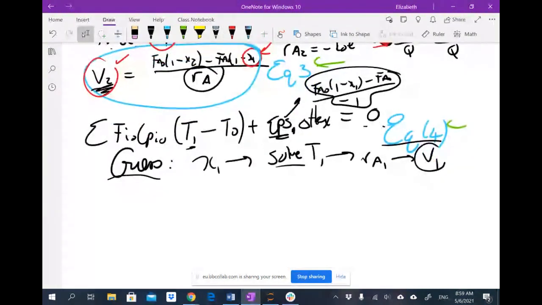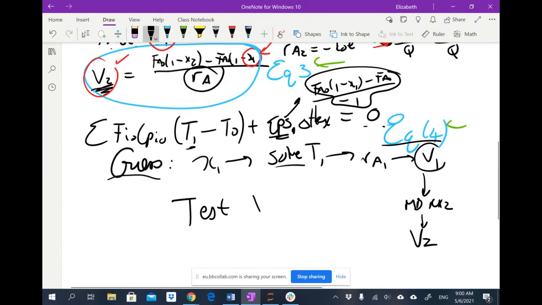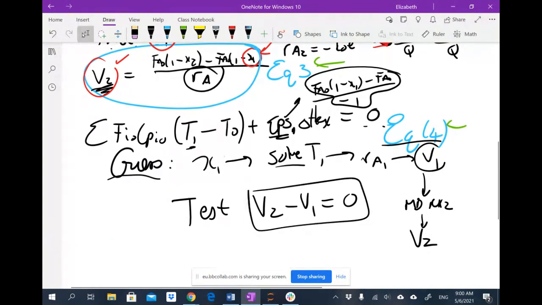And what is my final test then? Once I have that, I can also use the mole balance for reactor 2 to solve for volume 2. And my test then, have you achieved success, is to say volume 2 minus volume 1 must be equal to 0.